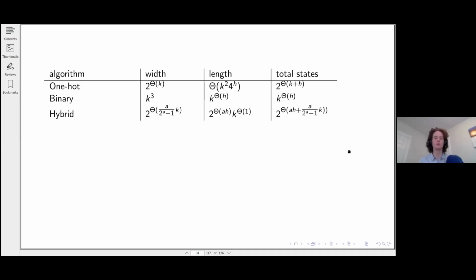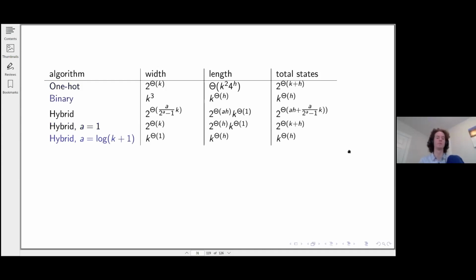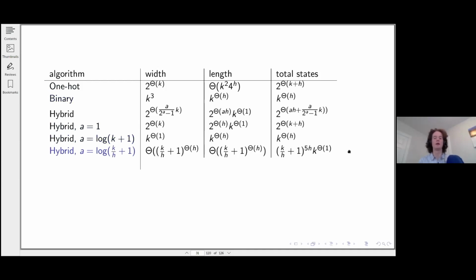So we come up with an encoding which has a parameter a, where if you set this parameter a to be 1, you end up with a one-hot algorithm. You set parameter a to be log of k plus 1, and then you end up with the algorithm that uses the binary encoding. And the trick is, if you set a to be just the right value, you end up with an algorithm, if you look in the bottom right corner of this table, that uses a total number of states of k over h plus 1 to the power of 5h times some polynomial.